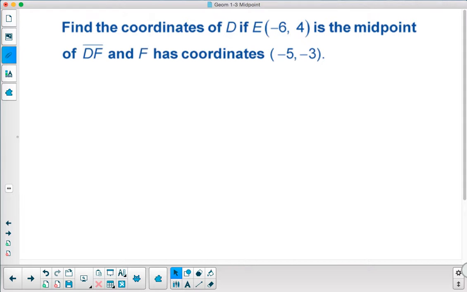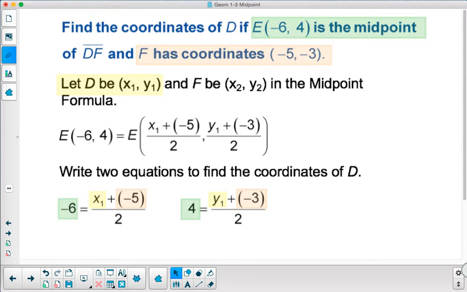Okay, so here's one that is not multiple choice, so you can't just eliminate and figure out which one seems most logical. So pause so that you can work this one out. E is the midpoint. I gave you one endpoint, F, and you're supposed to find D. Work it out and we'll check your answer. All right, your answer. That's kind of leading you with some highlighting.